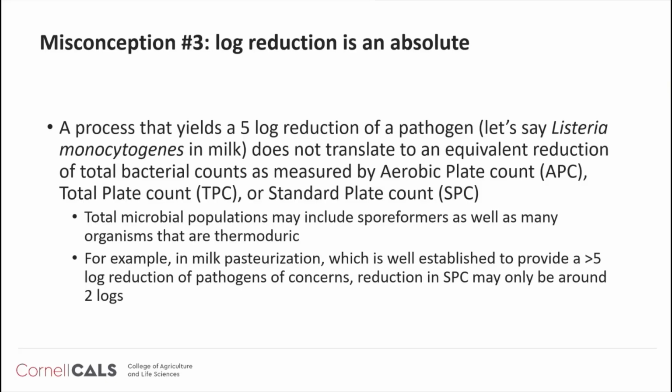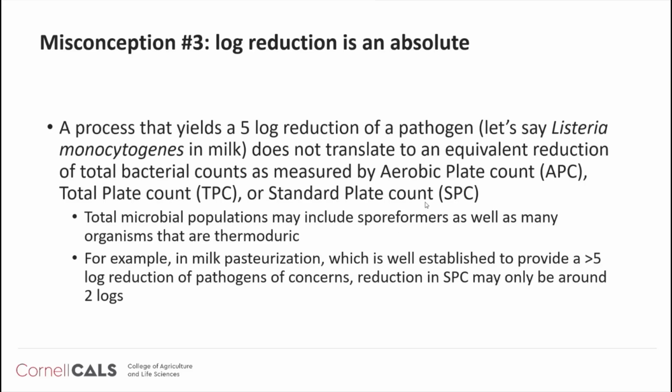And that is because these total microbial populations may include organisms that are actually pretty resistant to whatever process gives us that log reduction, let's say heat treatment or chemical treatment. Some spore formers, microbes that form these extremely resistant forms, might survive better than Listeria and E. coli.